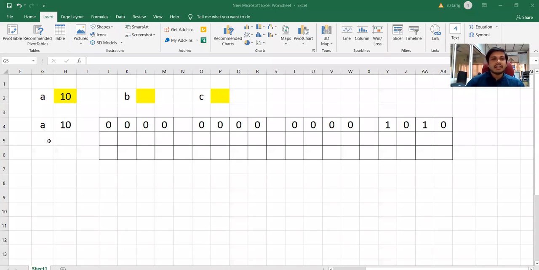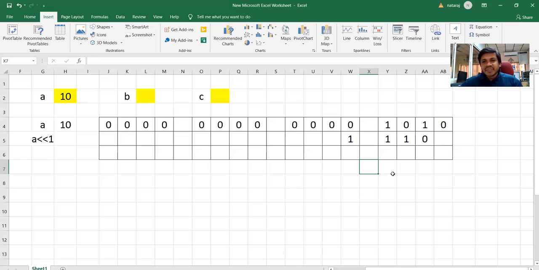Now we will see the left shift operation. Let's say A value is 10 and I need to shift that A value towards the left one time, which means A left shift 1. The bits get shifted towards the left once. This gap I maintained intentionally just to make it 4 by 4.